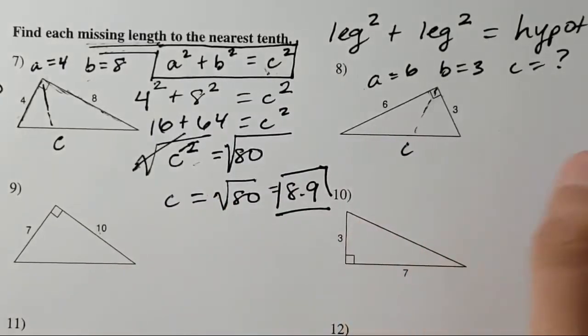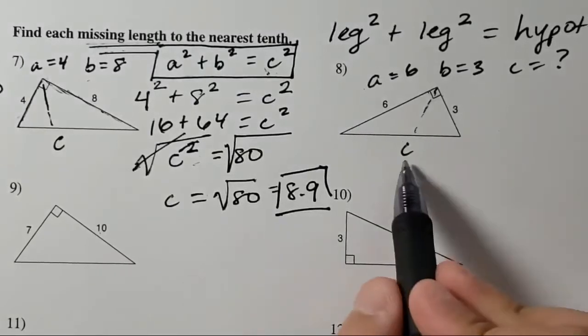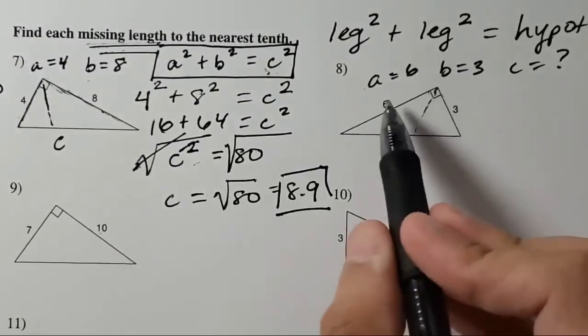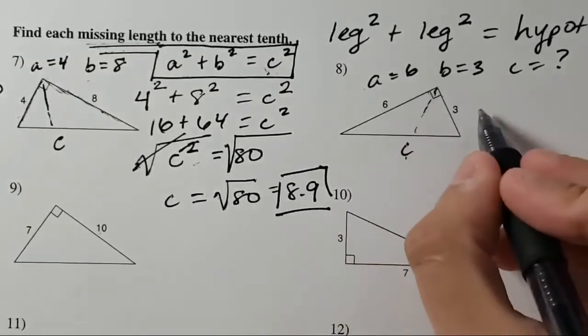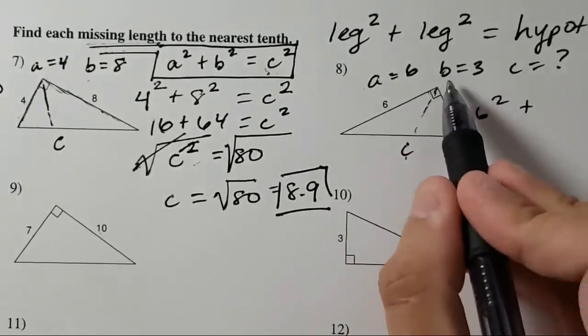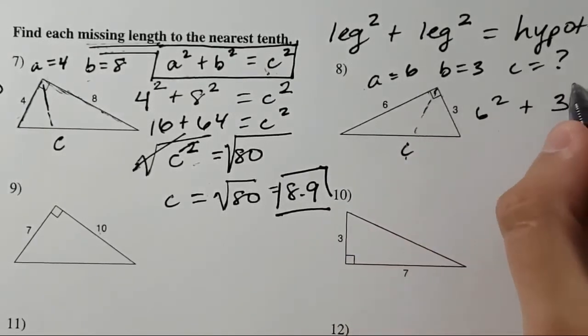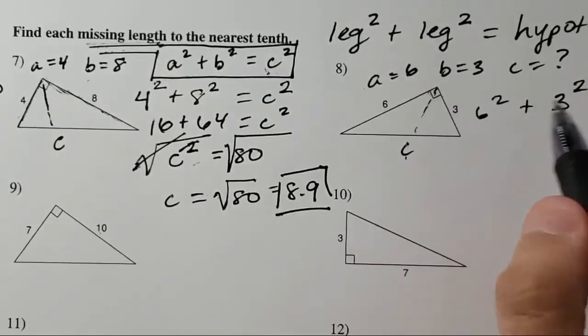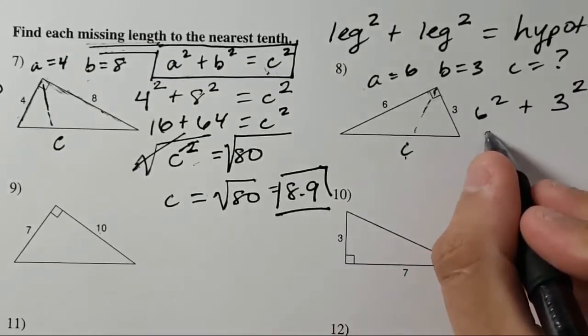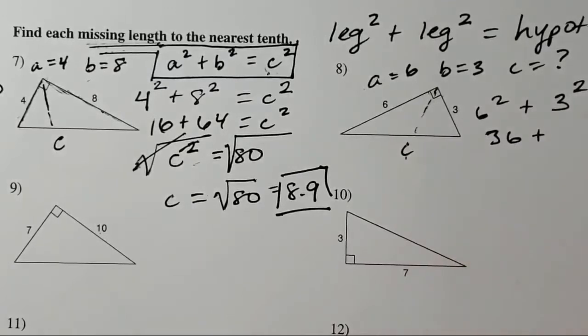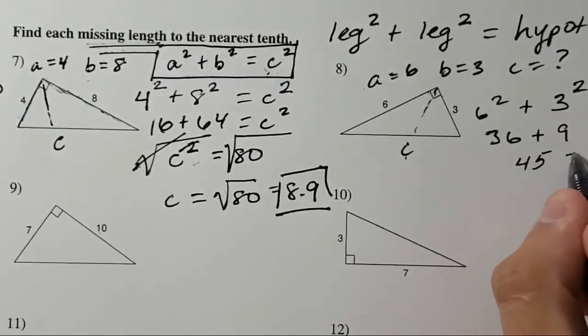So now we can plug it in the formula. a squared plus b squared equals c squared. We don't know c, so c stays c squared, and a squared is going to be 6 squared, plus b is 3, so we'll have 3 squared. 6 squared is 6 times 6, which is 36, plus 3 squared, which is 3 times 3, which is 9, equals c squared. 36 plus 9 is 45, which is equal to c squared.